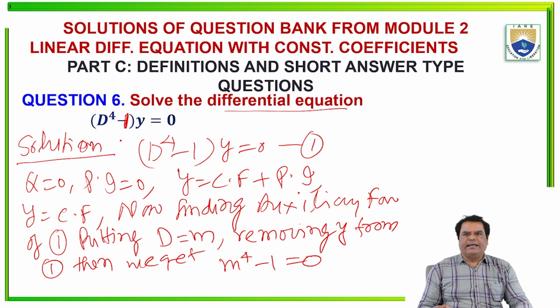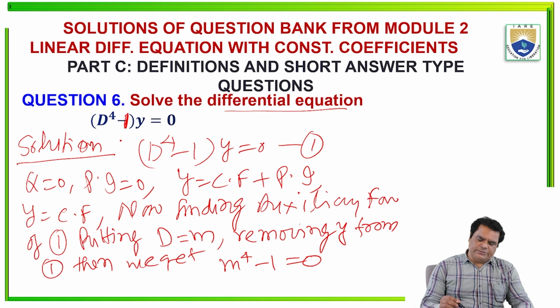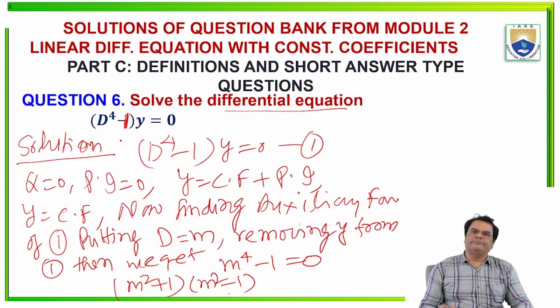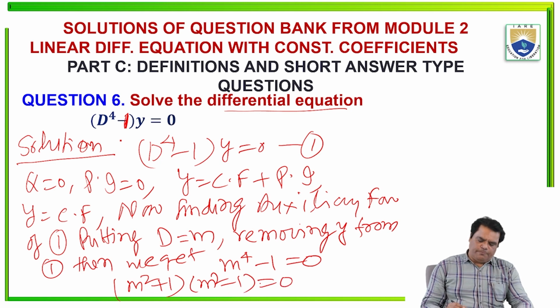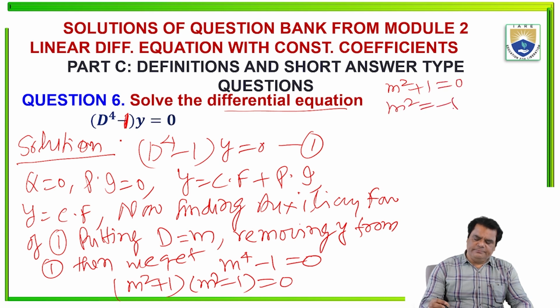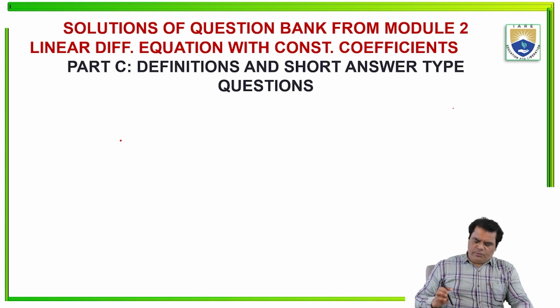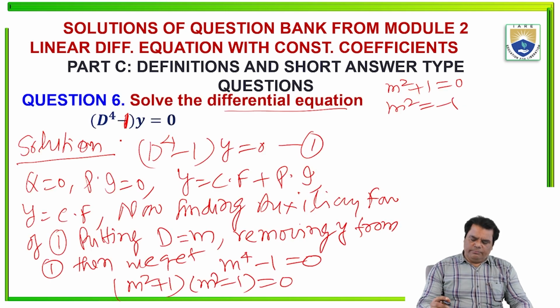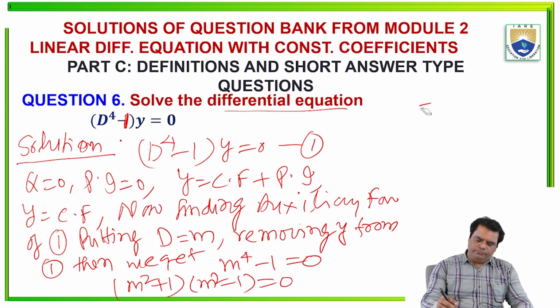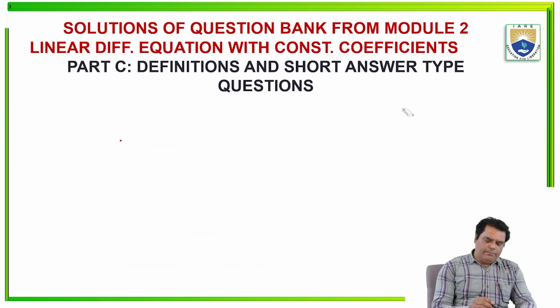So how can we factorize this? Here m square plus 1 and m square minus 1 equal to 0. So m square plus 1 equal to 0.